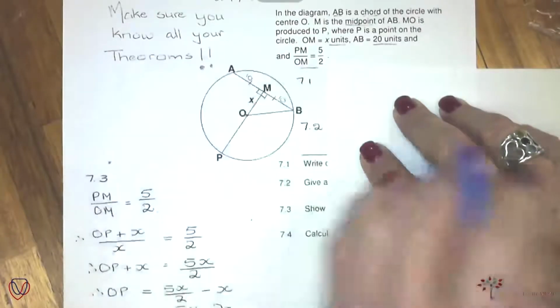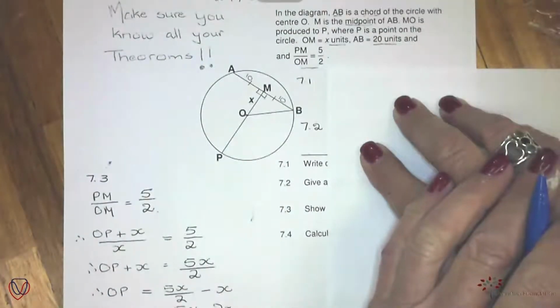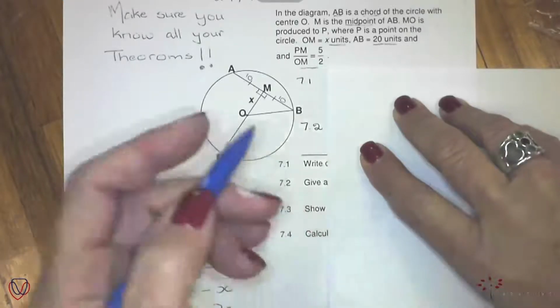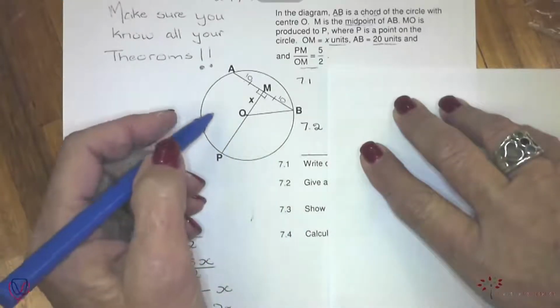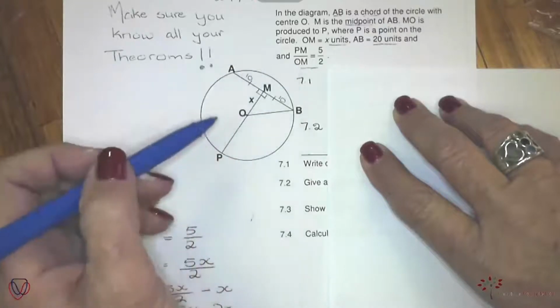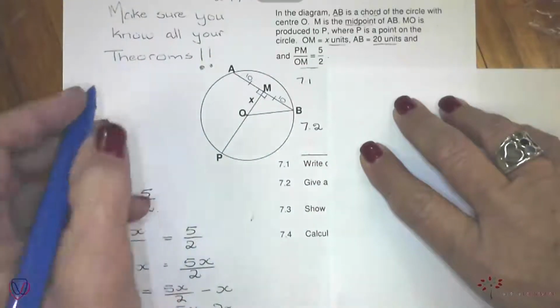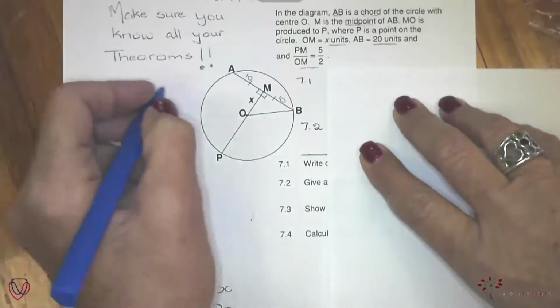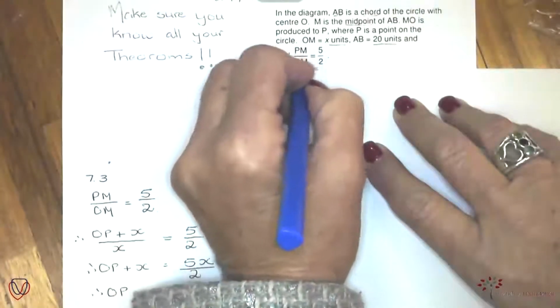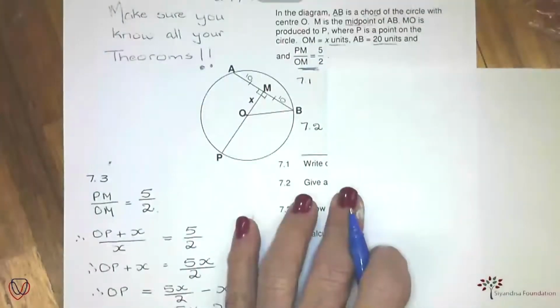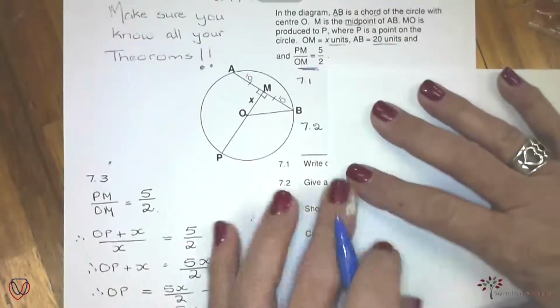But you'll have to prove it because you wrote it in there yourselves. And PM over OM is 5 over 2. That is there on top. Right, let's have a look. That's what was given.